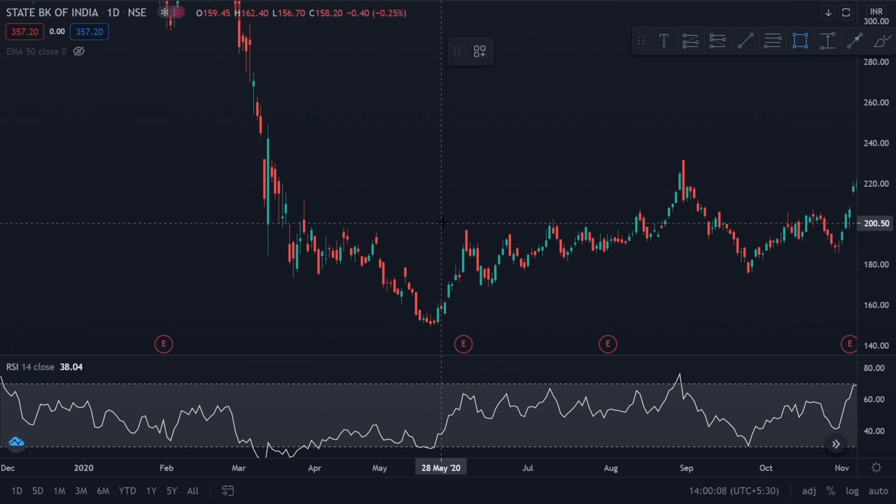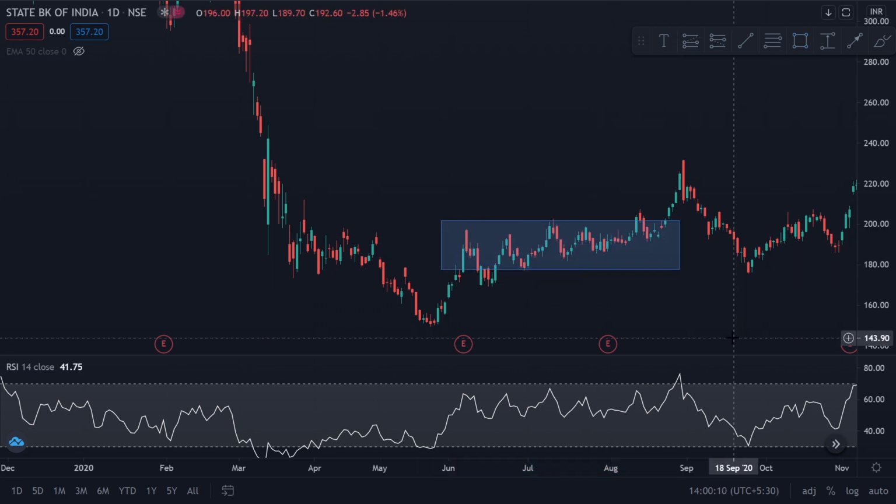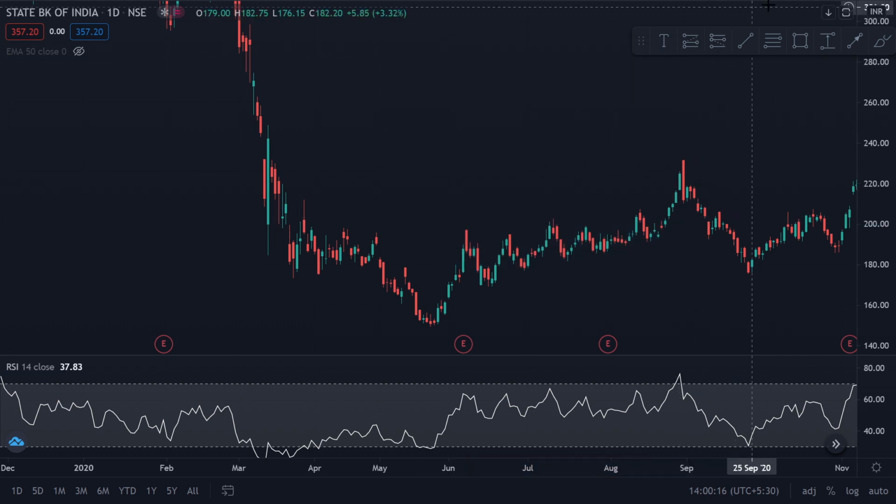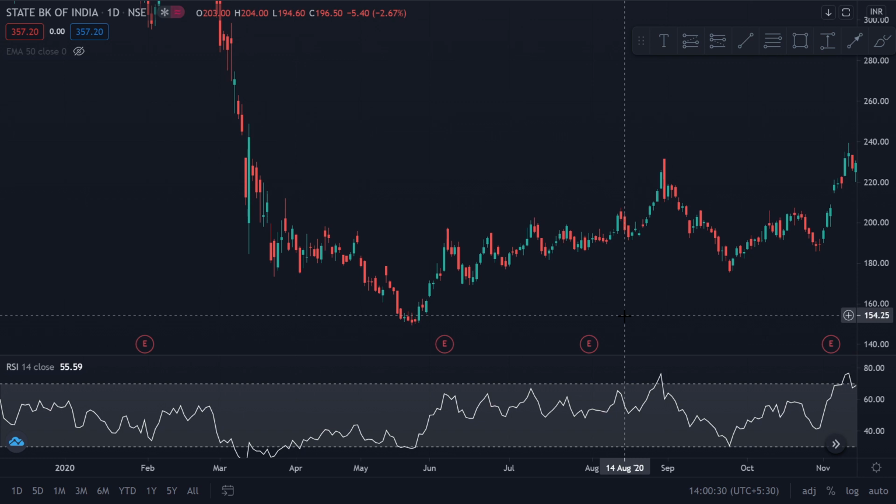So if you observe SBI here, in this huge period of time it was a range bound market. For example, in this range bound market, if I drew my RSI from anywhere, this is not a divergence example, this is a simple RSI strategy example.